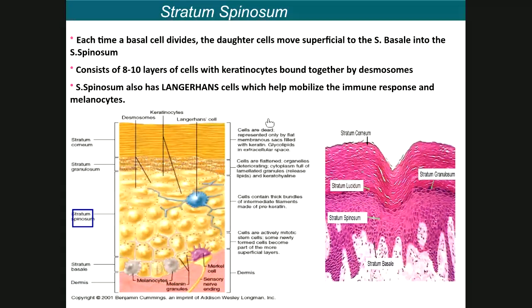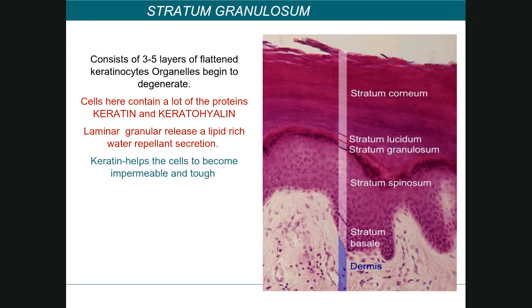The next layer up is the stratum spinosum, and the cells that are produced in the stratum basale can move up into the stratum spinosum. It's about 8 to 10 layers. What makes this area unique is it has these Langerhans cells, or these intraepidermal macrophages, in this layer. The stratum granulosum is next, which is this darker color.